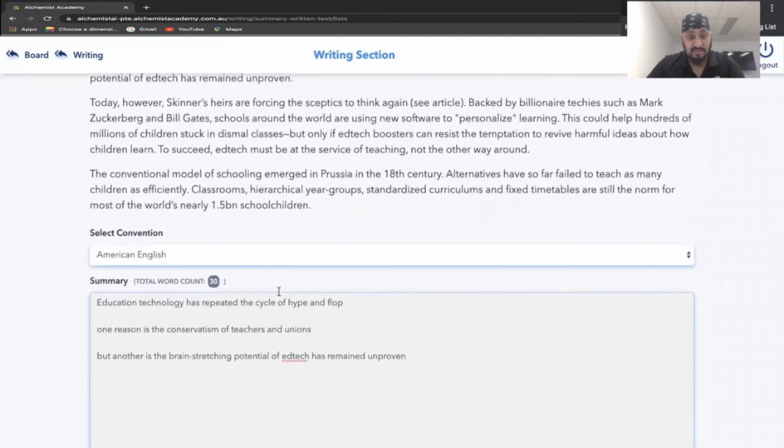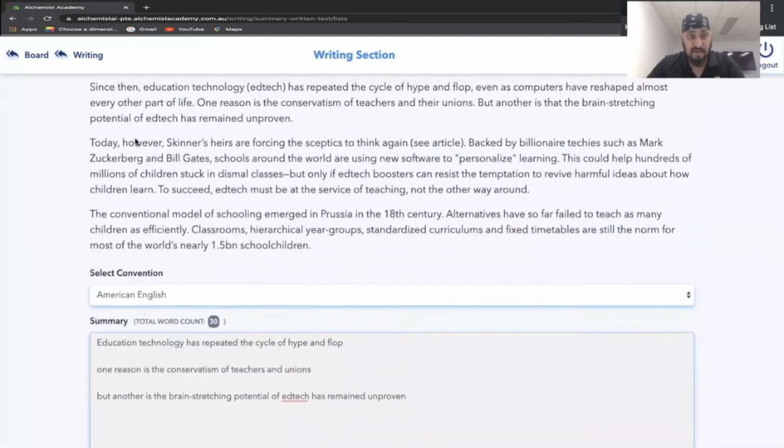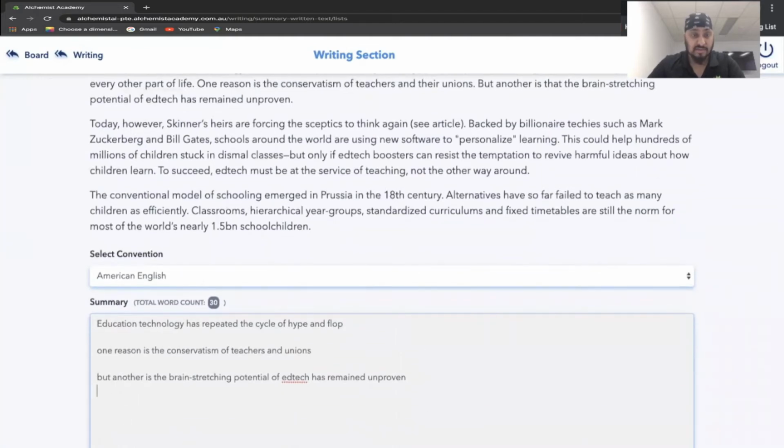Okay, and then we will say this paragraph here, if we look at it, however, Skinner's heirs are forcing the skeptics to think again. So let's just write, however, Skinner's heirs are forcing the skeptics to think again.